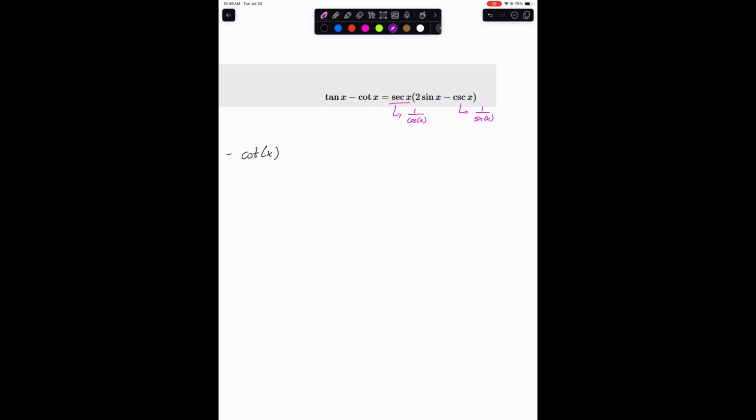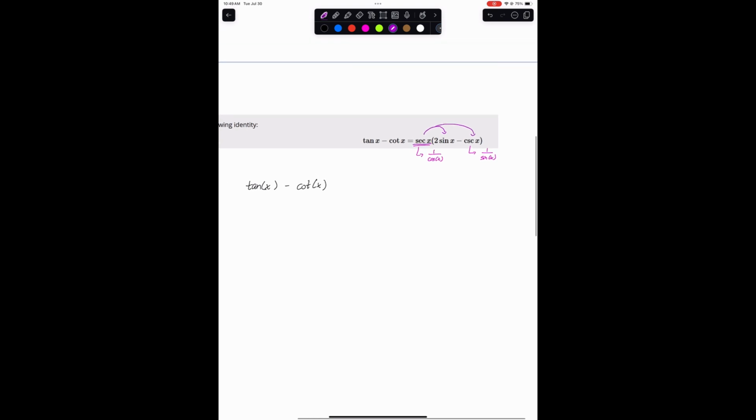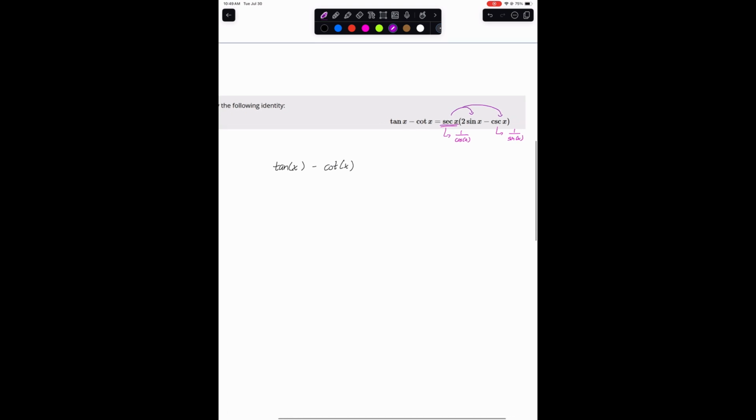And then this term is also a factor that was taken out of these two. So my initial thought is that I need to combine tangent and cotangent into one fraction, and I will probably be able to pull out a secant from the denominator.